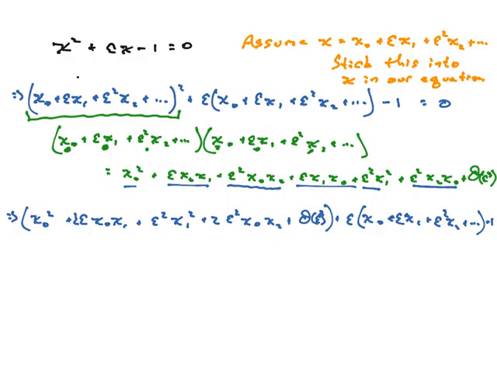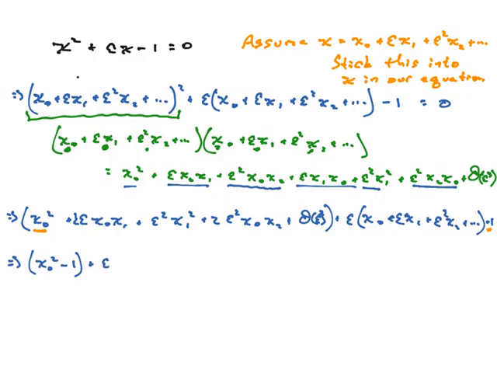So let's collect. Like I said, I want to collect terms. I want to group them together by their powers of epsilon. So first, I need all the terms that have no epsilons on them at all. Well, that's here. There's no epsilon. And the minus 1 has no epsilon. So those are the only two terms, x naught squared minus 1, that don't have an epsilon.